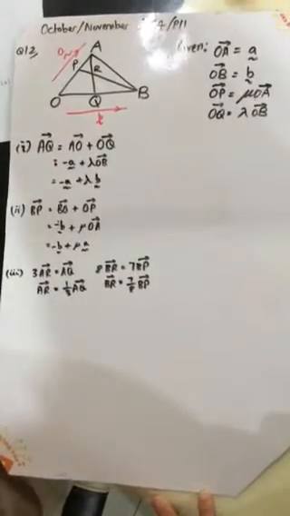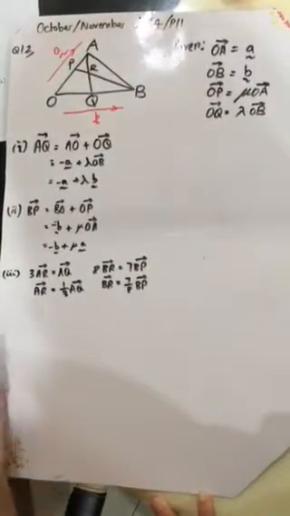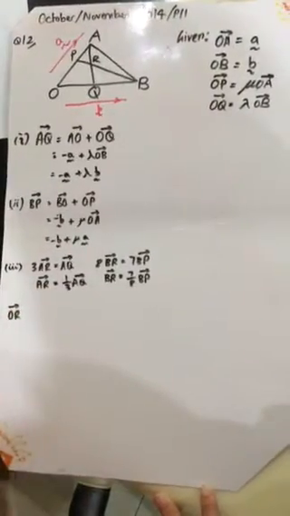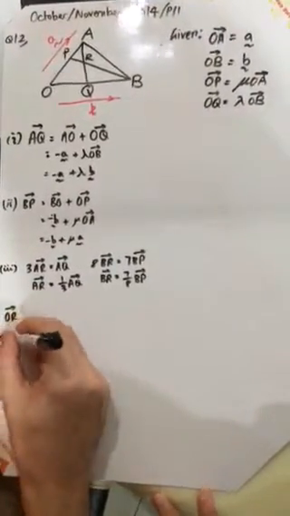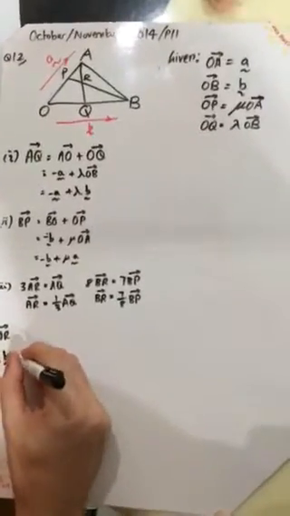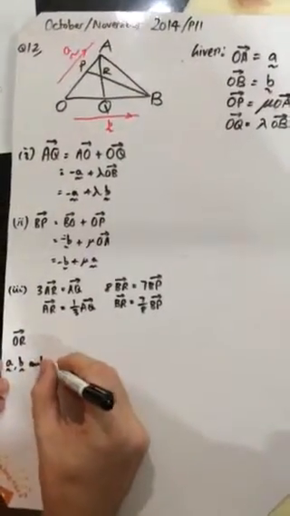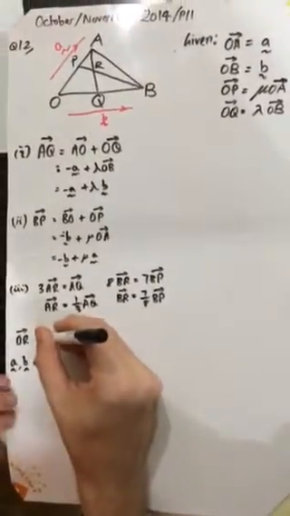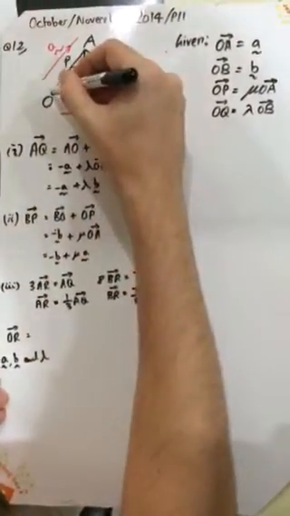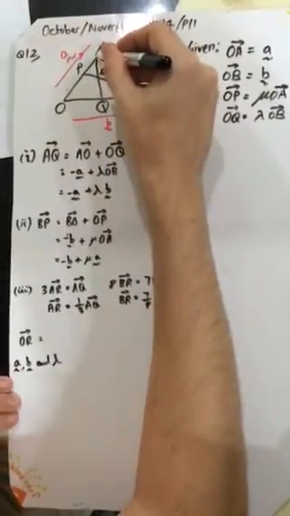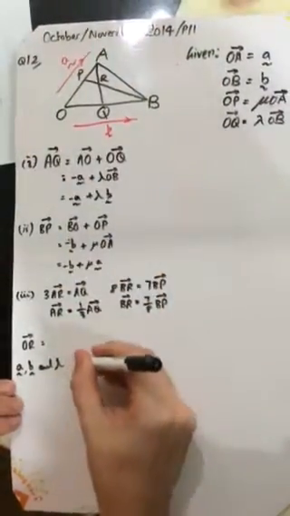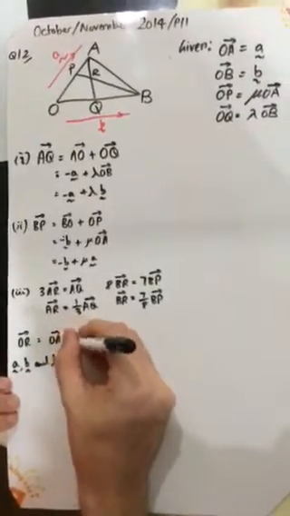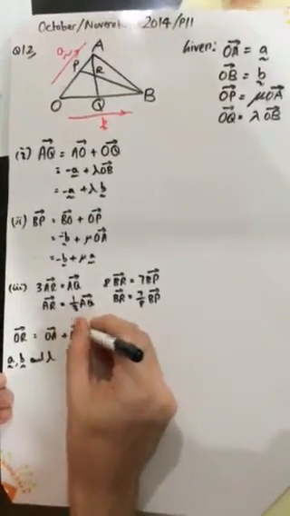And our question asks to represent OR in terms of A, B and lambda. So we can go through O to R, we can go through A, then A to R. So we can go OA plus AR.